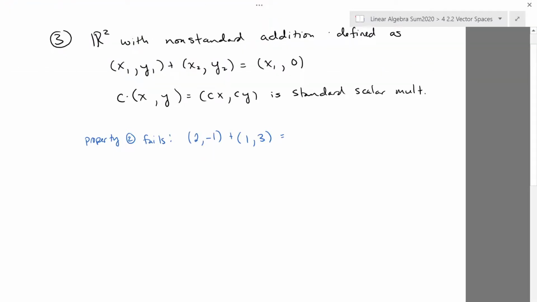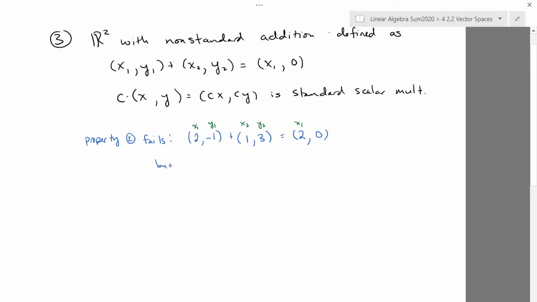Right, so this is the first vector, right? So this is playing the role of x1, this is playing the role of y1, and then this is playing the role of x2, this is playing the role of y2, right? So the rule for the addition is to take x1, which is 2, and the second coordinate is always 0, right? So the result of this would be 2, 0.